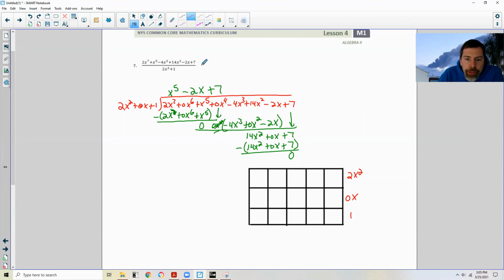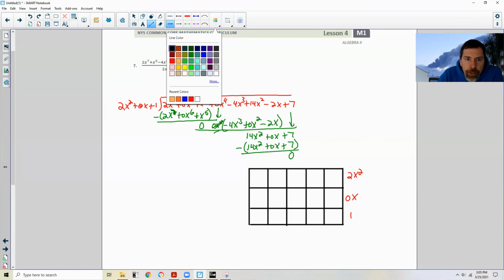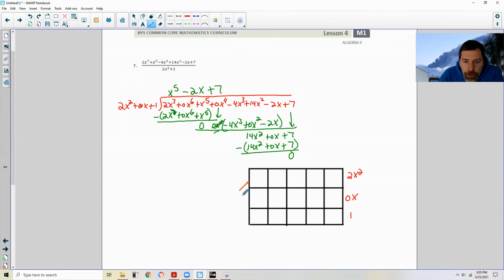Alrighty, now we need our arrows to show the direction that we're working. We're going this way this time. One, 2, 3, 4, 5, 6, 7. Okay, not enough. Let's put that there.